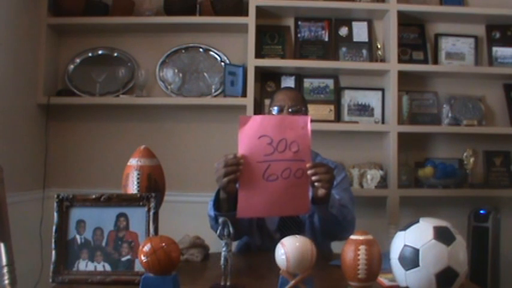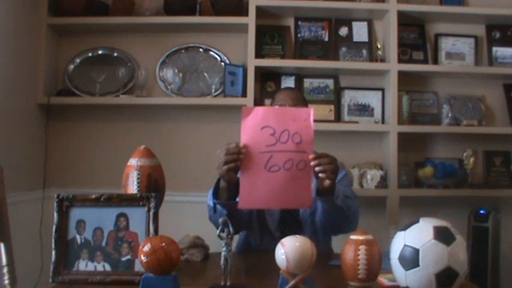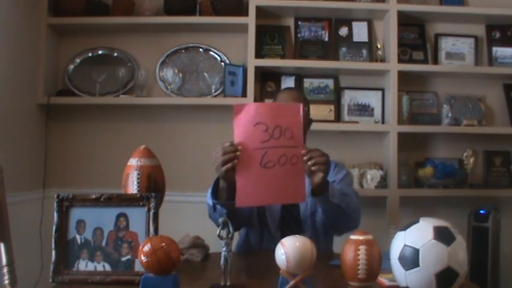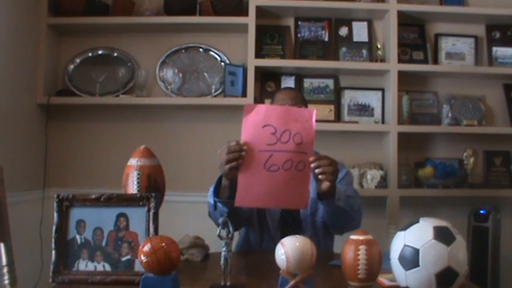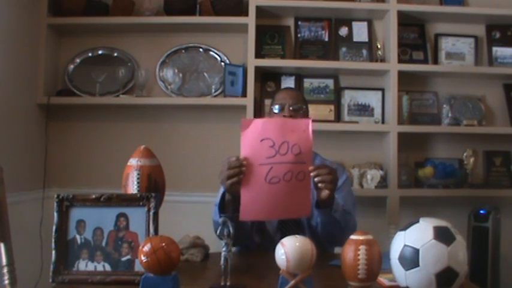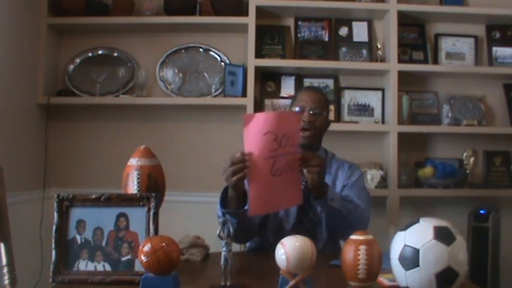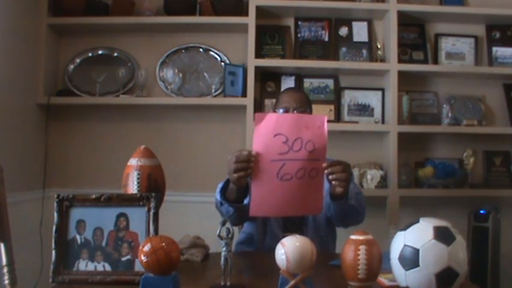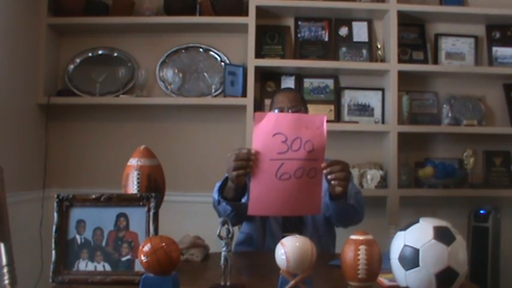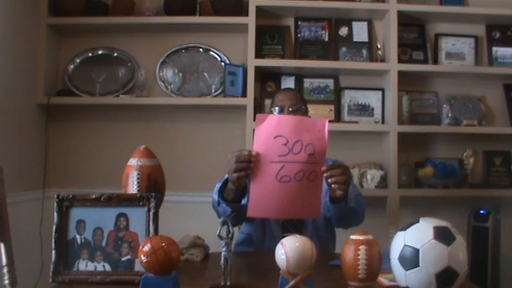Now the last one I'm going to do a little bit different. This is kind of a big number for some of you until you learn how to work with big numbers. 300 over 600. What I did was I knew that 100 would go into each one, but that still wasn't going to reduce it like it should be.